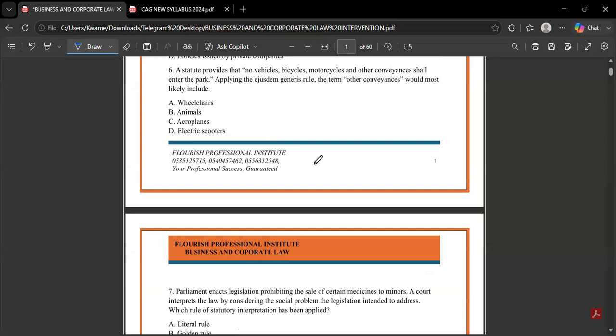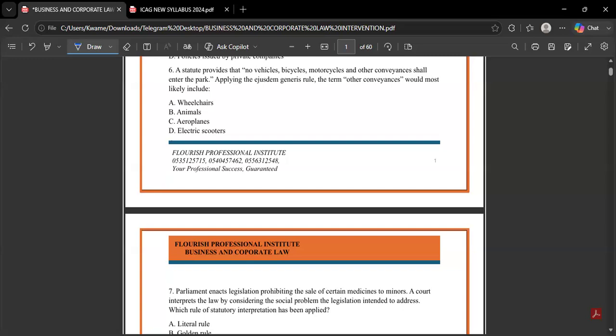Raymond, you mentioned the electric scooters. Can you tell us why? Maybe you can brief us on the ejusdem generis rule. Yeah, sir, with the ejusdem generis rule, I've forgotten the vivid explanation.